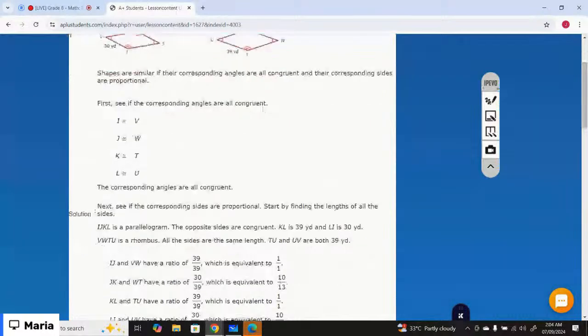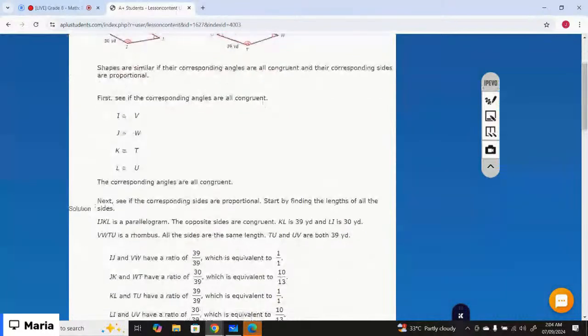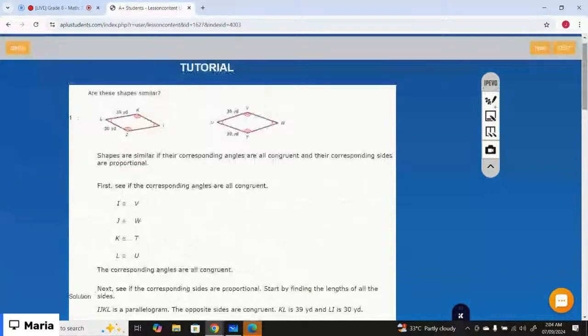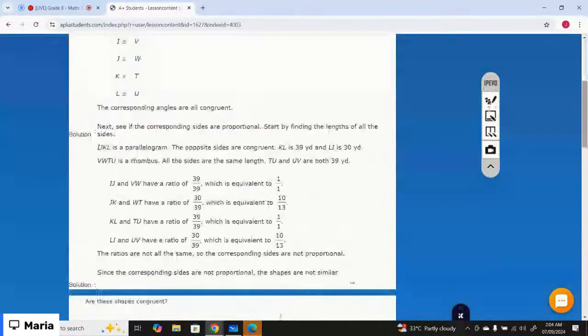Again, where is JK? Okay, opposite sides are congruent. So LI is 30, so JK is 30, and the ratio is 30 over 9. No, they are not the same. The ratios of their corresponding sides are not the same. If it were the same for all of them, like 1 by 1, then that means the shapes are similar.